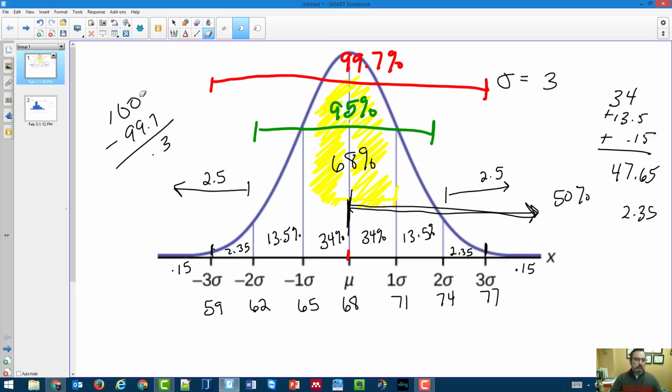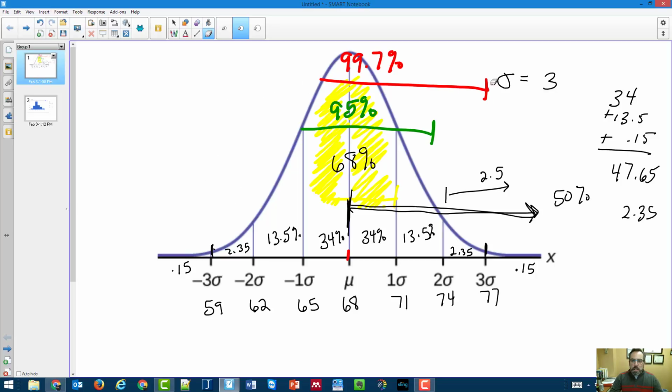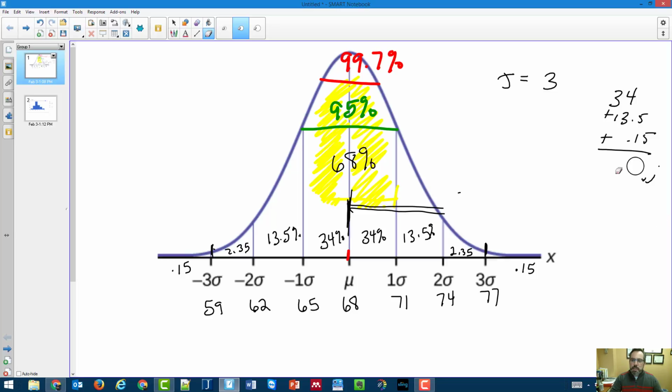Let's take a look at what this means when it comes to using a standard distribution. I can do this with anything. I did it right here with the heights of the students.